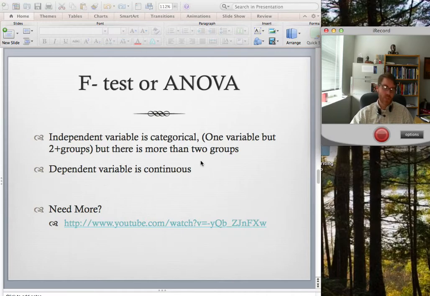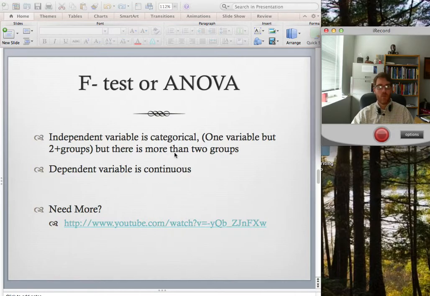So the variable is the same, this math program, but the groups are different as we have three different teachers, and the manifestation of those teachers are the student scores. And so that's that dependent variable there. And we can compare those and come up with a significant difference between or within those groups.